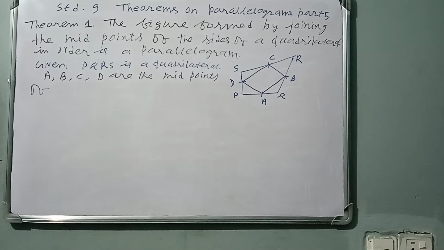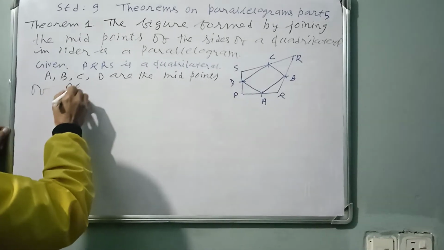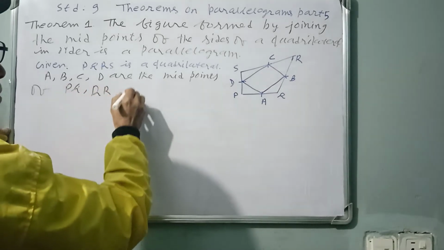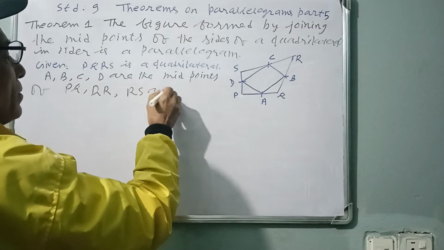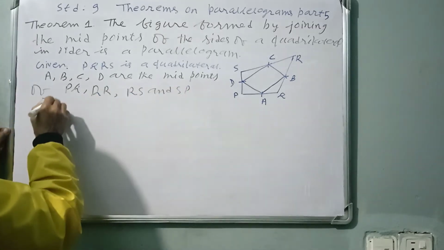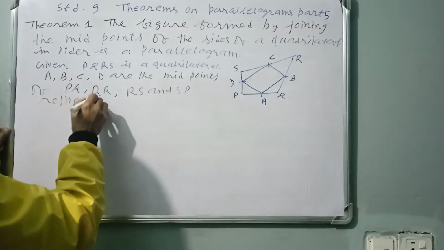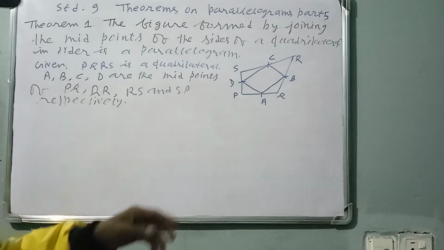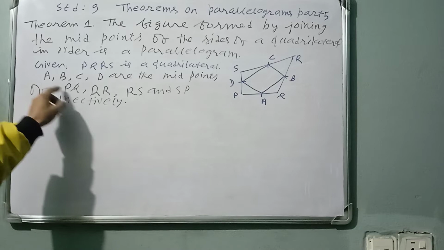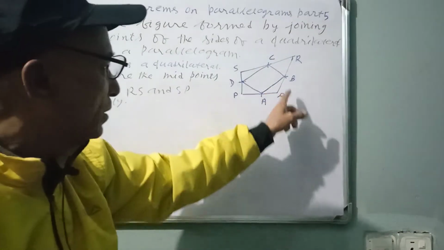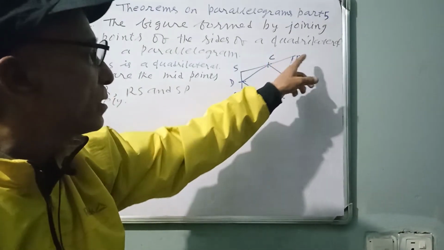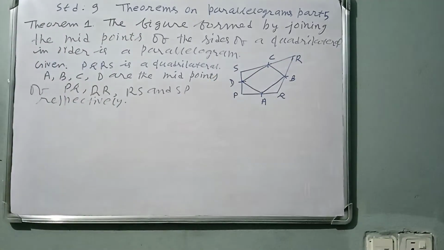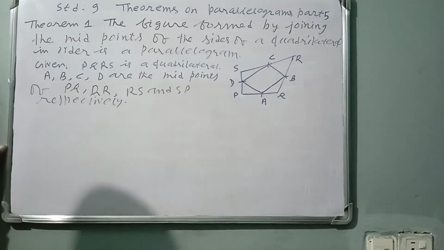Midpoints of PQ, QR, RS and SP respectively. Which midpoints? A is the midpoint of PQ, B is the midpoint of QR, C is the midpoint of RS and D is the midpoint of SP respectively.